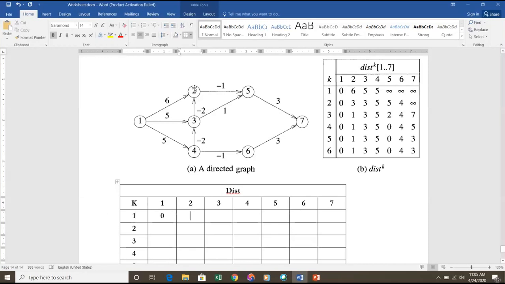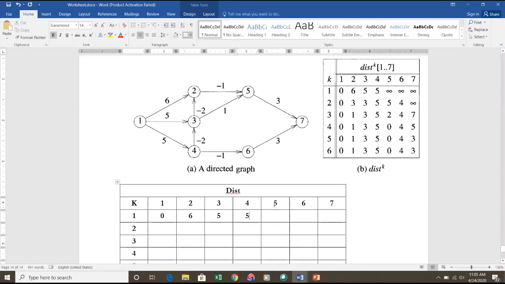Distance of 2 with one edge is 6. So directly we can write the value of 6. Distance of 3 with one edge starting from source is 5. You can write the values directly. Distance of 4 using one edge starting from the source is 5.